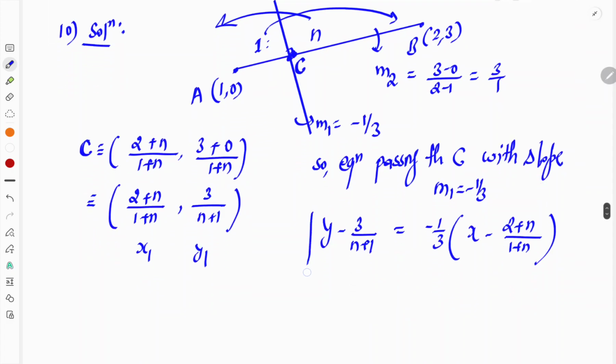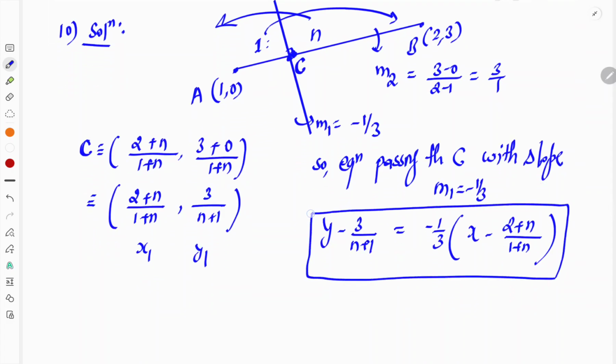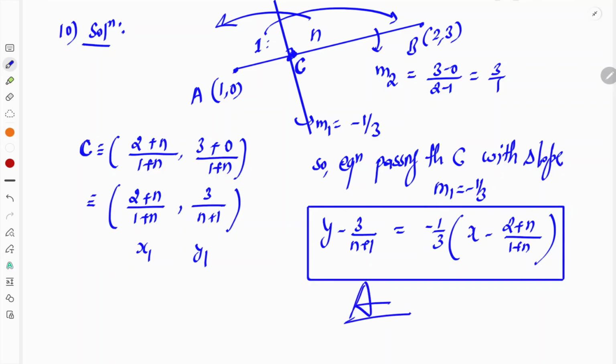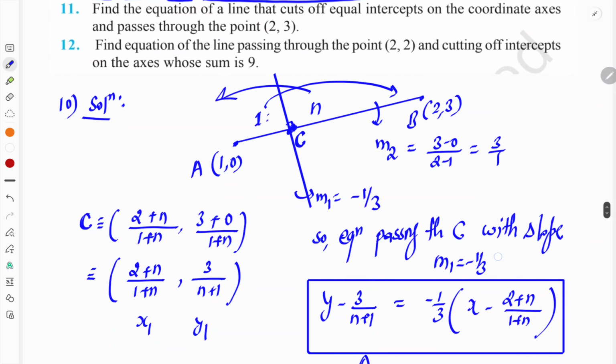We can leave it here, no problem. This is the answer, or you can multiply everything out and write the answer.